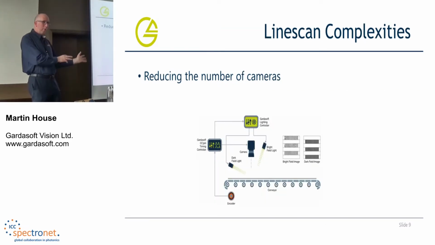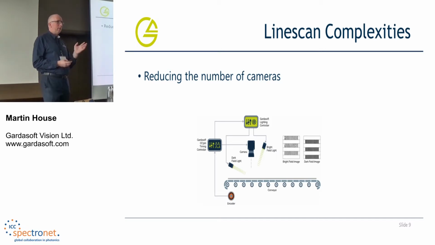So we've got fast pulsing, we know how to do synchronization, and now maybe one of the things that we're starting to look at is line scan applications. And what we're seeing more and more is that people want to use multiple illumination with one line scan camera. So previously, you may have had one camera, one light. But now it's quite feasible to have one camera with multiple lights.